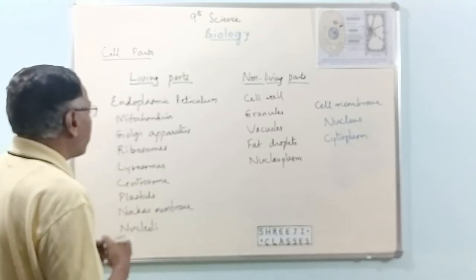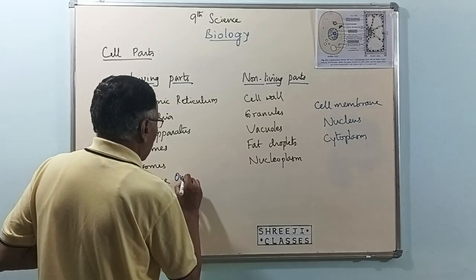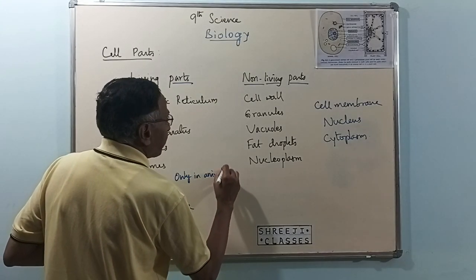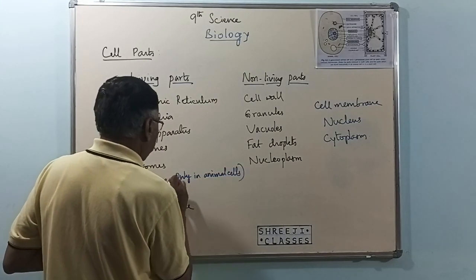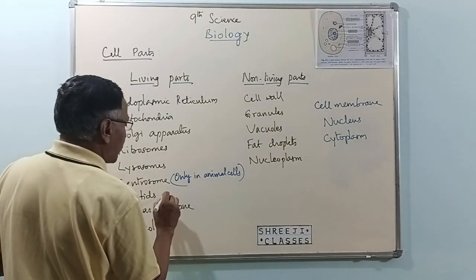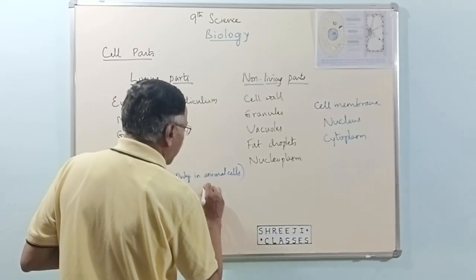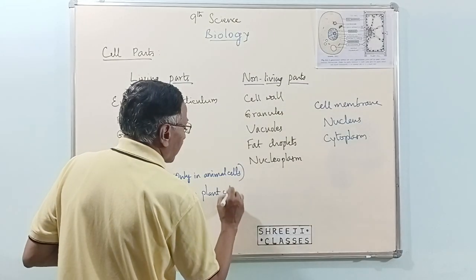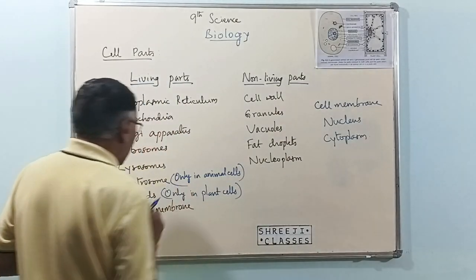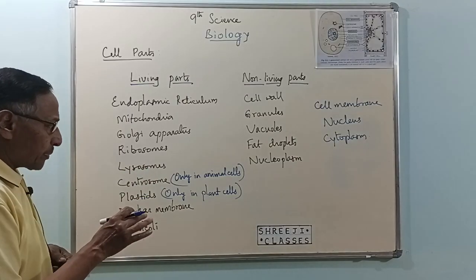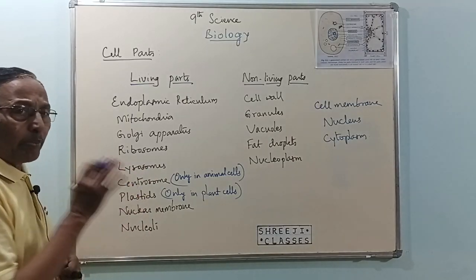This is present only in animal cells. Then plastids. Plastids are present only in plant cells. These are exceptions. Centrosomes are present only in animal cells and plastids are present only in plant cells.